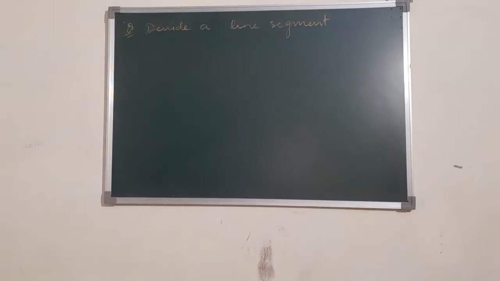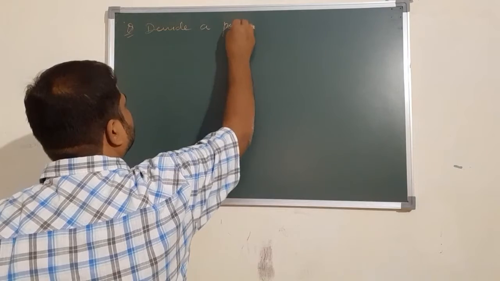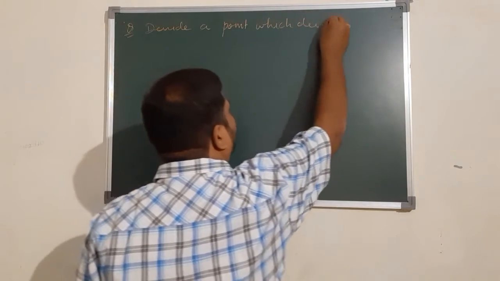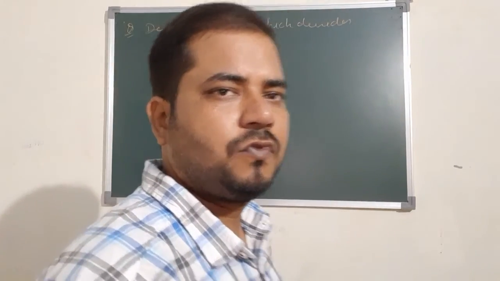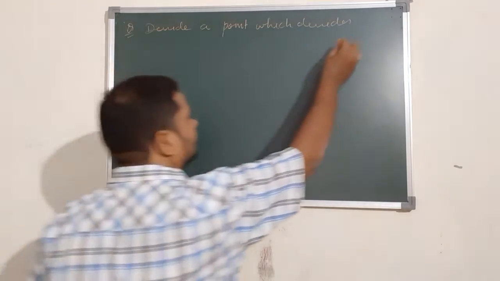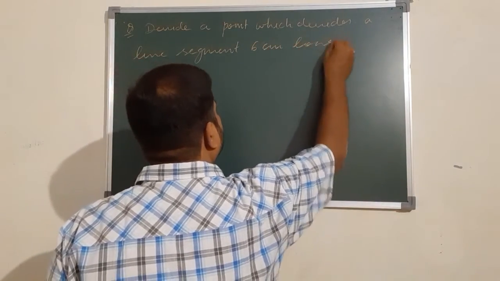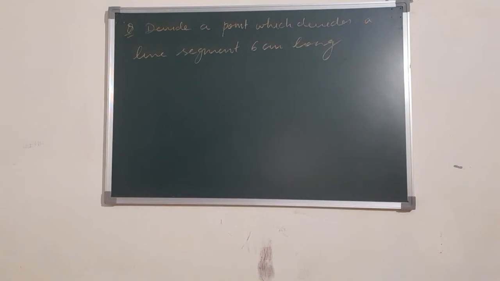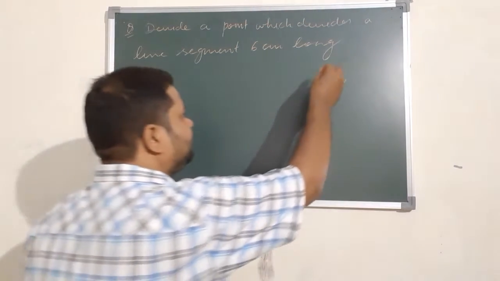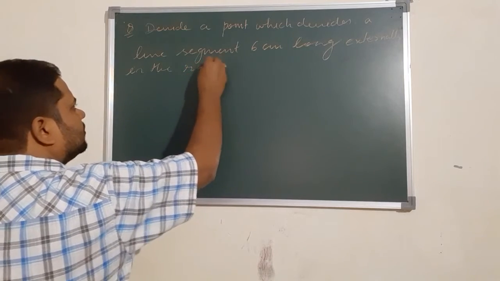The question is: determine a point which divides a line segment 6 centimeter long externally in the ratio 5:3.